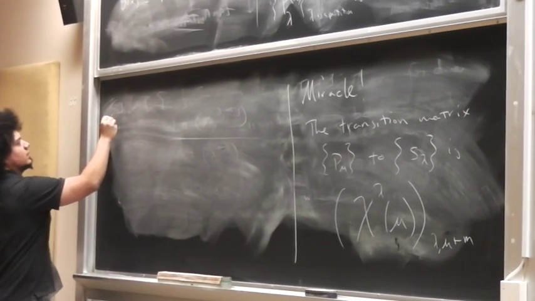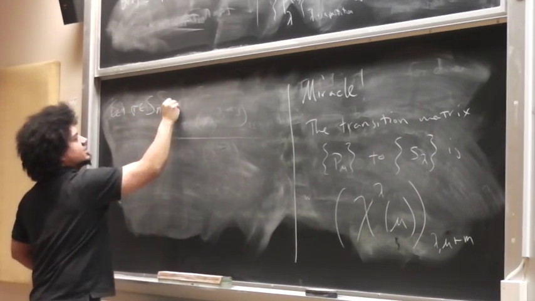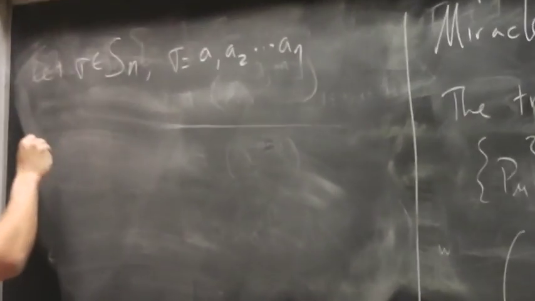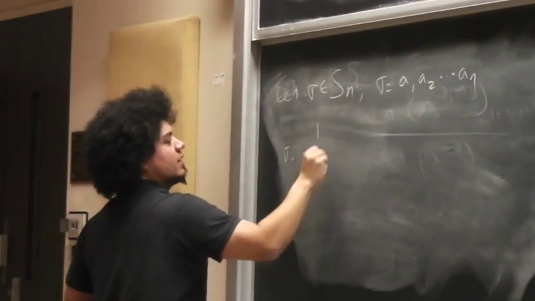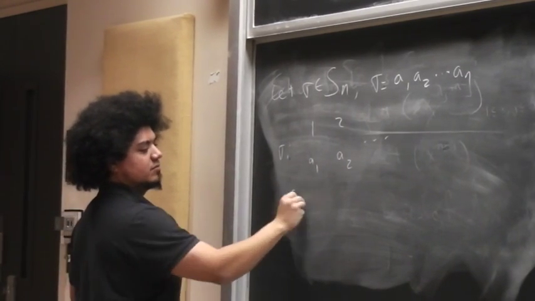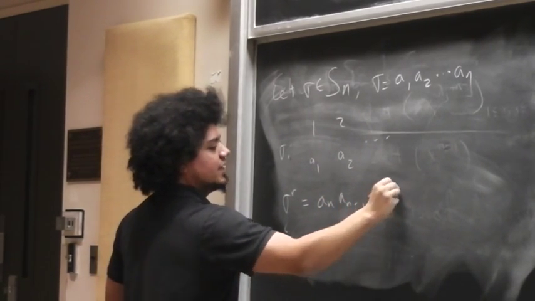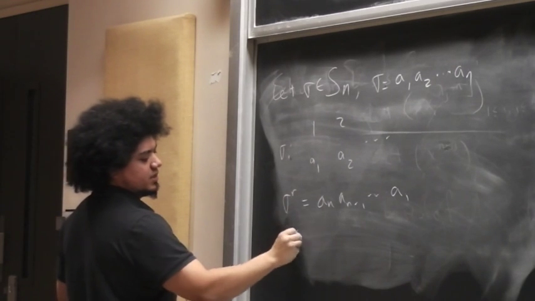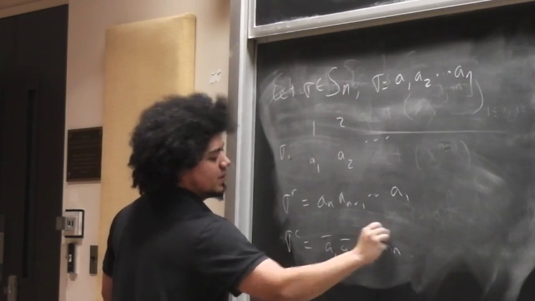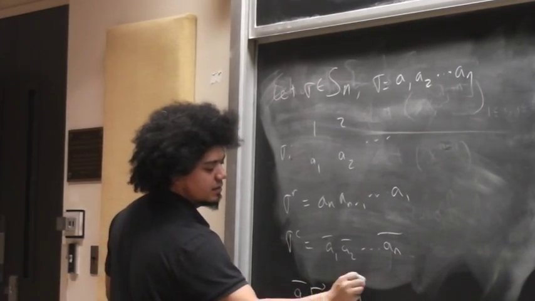Okay. So let sigma be an element of Sn, and write sigma in one line notation. Okay, so this simply means that this is the permutation that takes 1 to A1, 2 to A2, and so on. Then the reverse of sigma will just be the reverse of this word, An and An minus 1. Then the complement of sigma will just be the complement of each one, where by complement I mean Ai maps to n minus Ai plus 1.